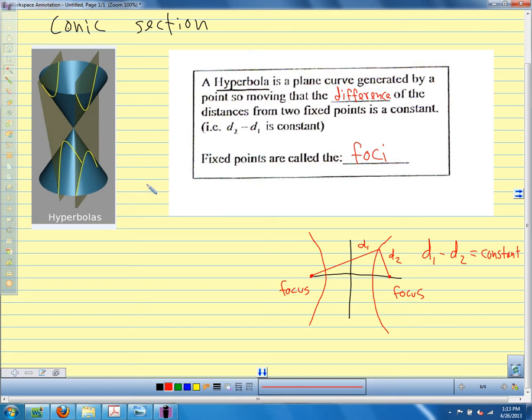So let me grab the other picture, and we'll start filling in our information about the equations of hyperbolas. So this is what a hyperbola is. We have these two foci. We have these two distances. And if we subtract those distances, we get a constant.